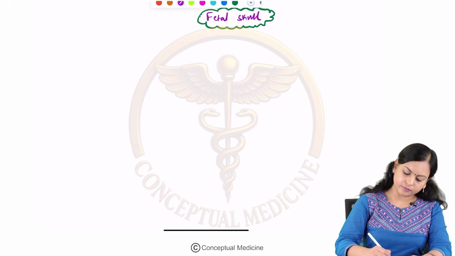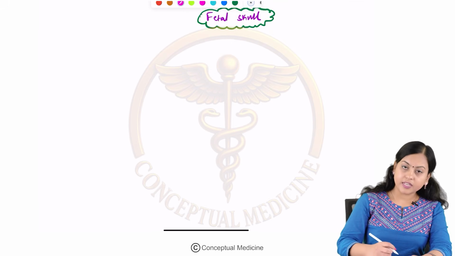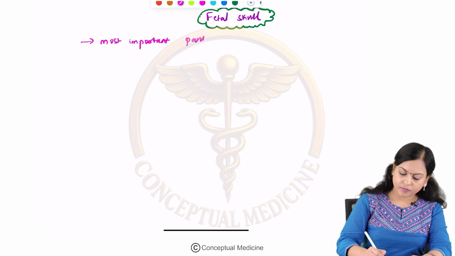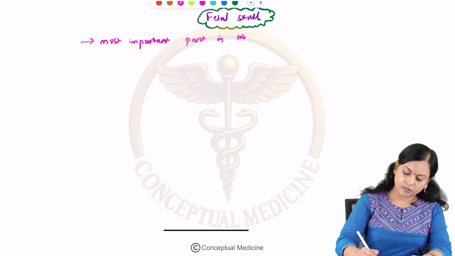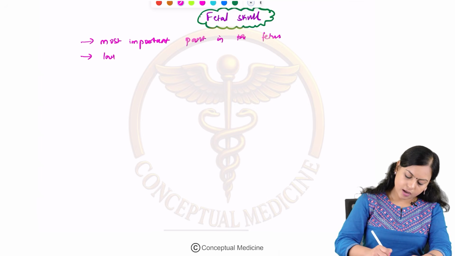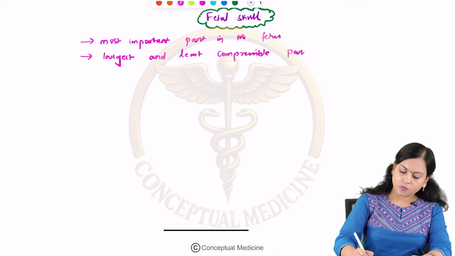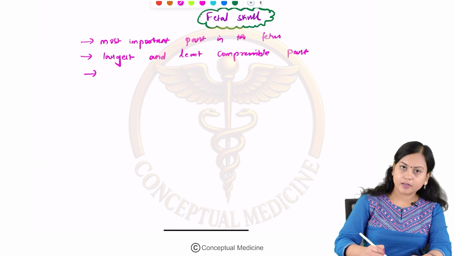Fetal skull. Now, the fetal skull is the most important part in the fetus. It is the largest and least compressible part. Why do I say it is the most important part?